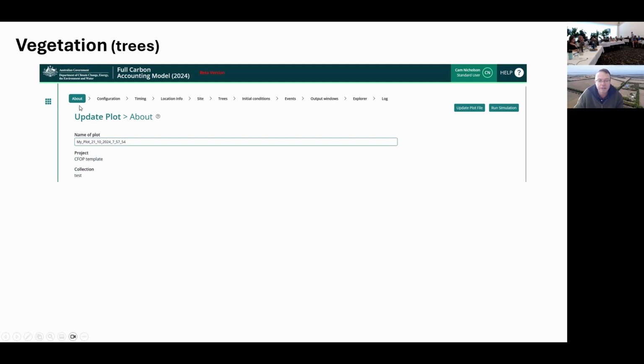But rather than spend a lot of time showing you this as an example, if you did want to do something, I reckon it would be worthwhile if you're going out to clients and they've got questions on how much carbon trees will sequester.